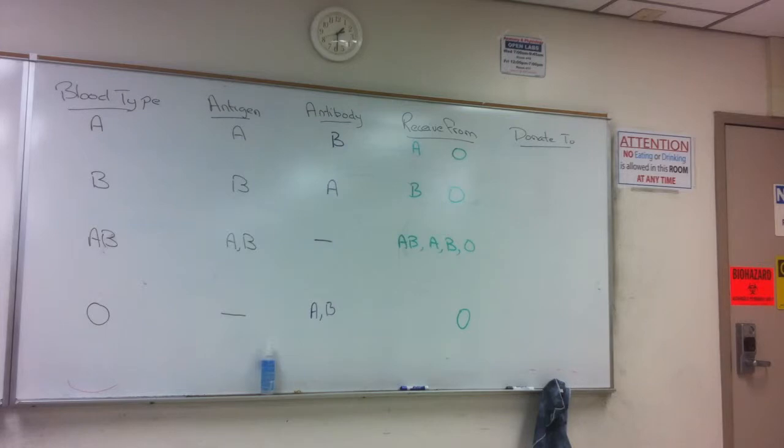So if my blood type is A, I cannot donate to anybody that has antibody A in it. This would not exist. So you just donate to yourself and A. As long as there's no A, I can have antibody B, or I can have no antibodies.